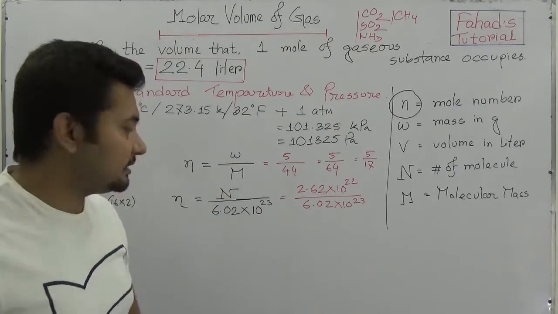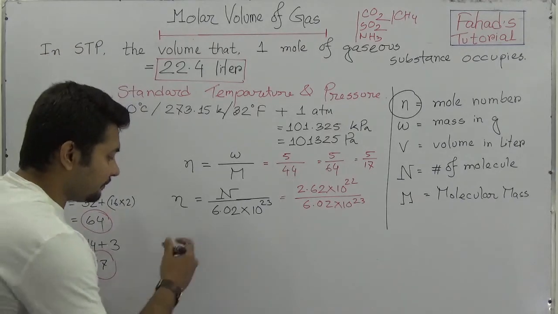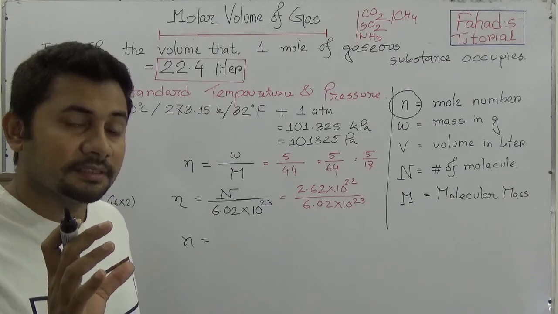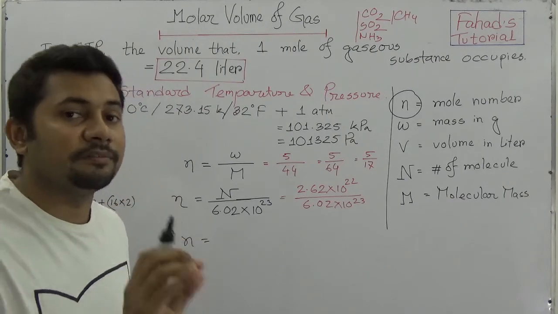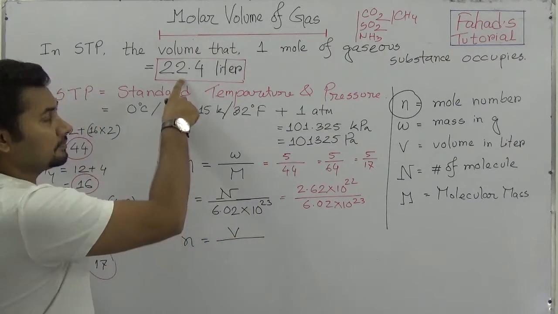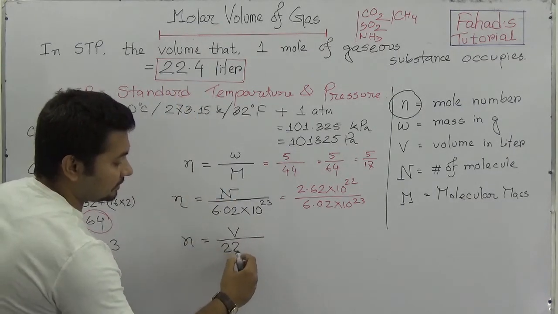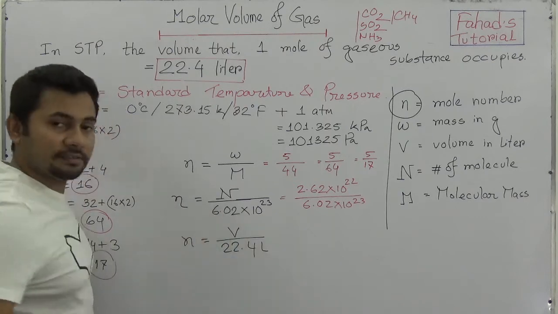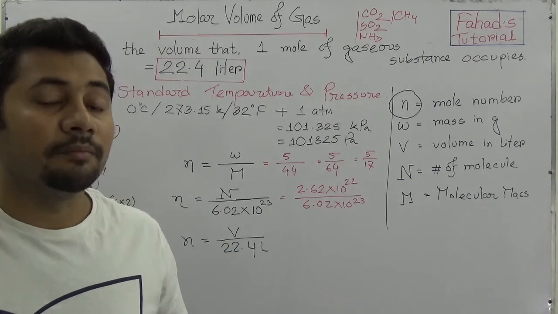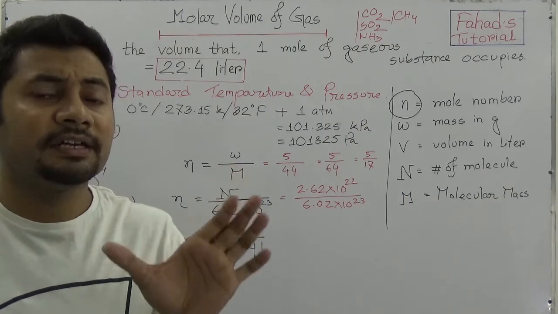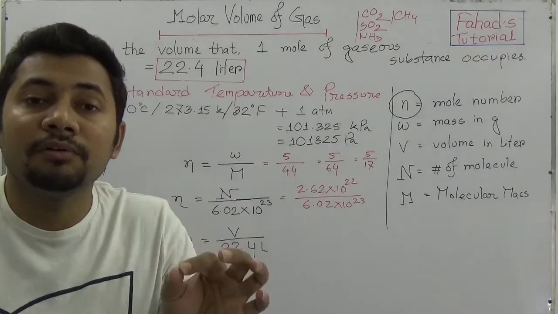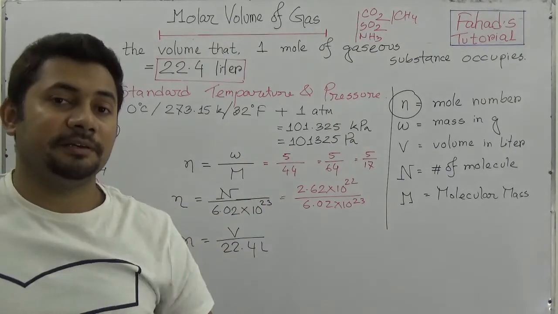And similarly, if you want to find out the mole number of any gaseous substance, then volume upon volume. So this is 22.4 liter. Now my question is, what is the mole of 500 liter sulfur dioxide, or what is the mole of 10 liter ammonia?